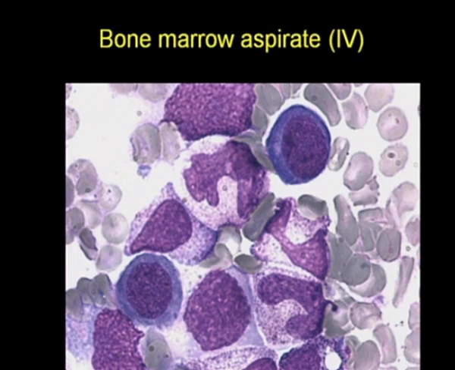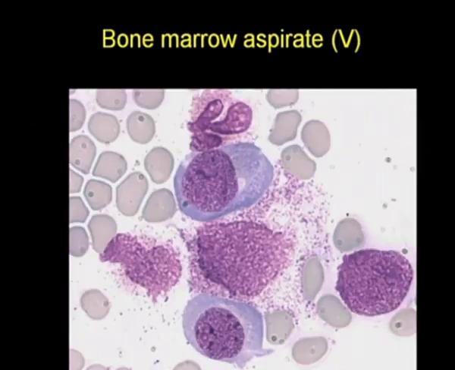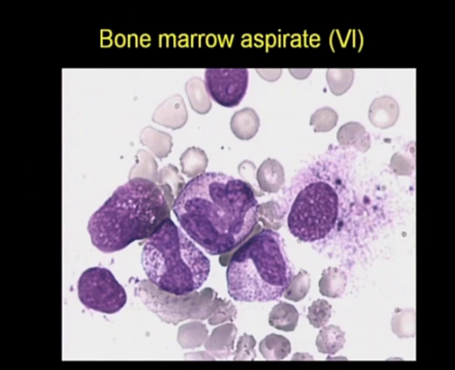And here you see two megaloblasts with asynchronous maturation, very fine dispersed reticulated chromatin, and hyperbasophilic cytoplasm. And again, these are other megaloblastic changes. And again, you see abnormalities in segmentation.